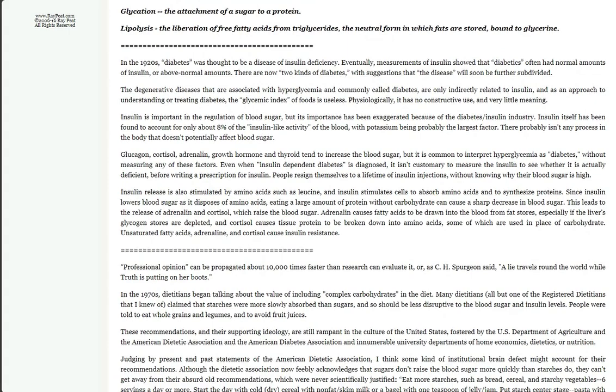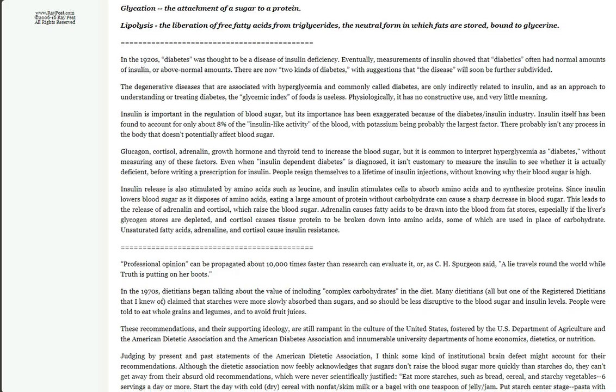In the 1920s, diabetes was thought to be a disease of insulin deficiency. Eventually, measurements of insulin showed that diabetics often had normal amounts of insulin, or above normal amounts. There are now two kinds of diabetes, and he has that in quotes there, with suggestions that the disease will soon be further subdivided.